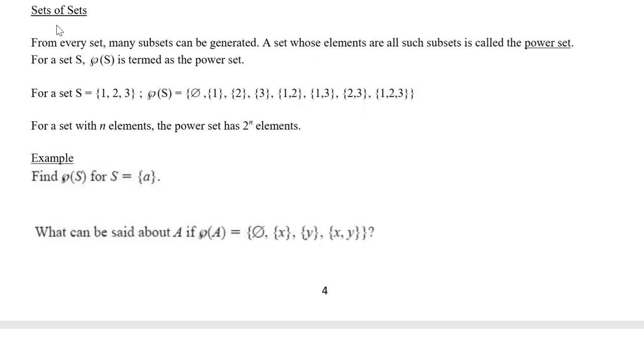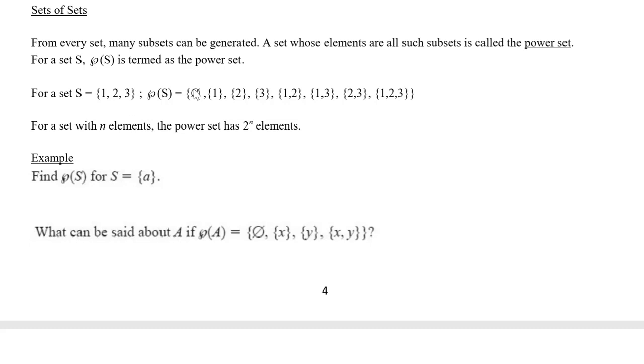Now let's talk about set of a set. So from every set, many subsets can be generated. A set whose elements are all such subsets is called the power set for a set S, and we write it like P(S). So for the set S that has 1, 2, 3, the power set is like what can be in this bag that has 1, 2, 3.